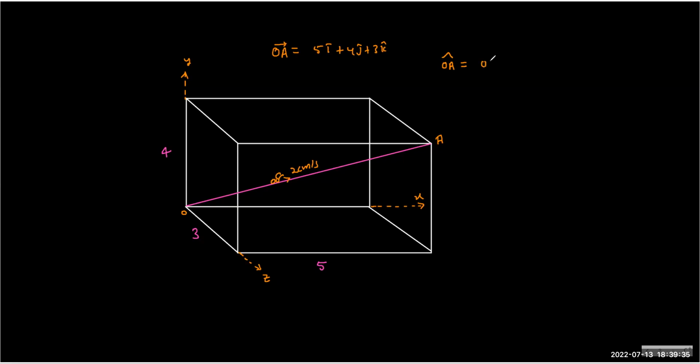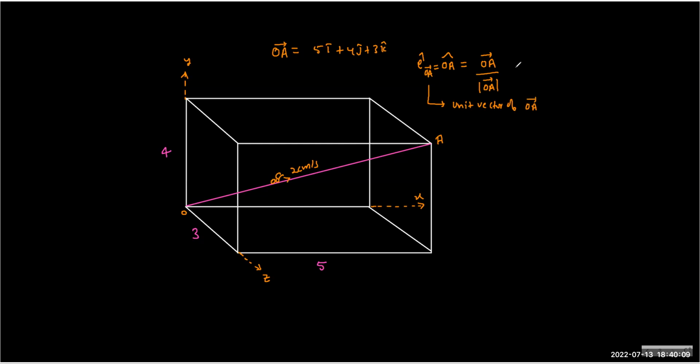What is the method? Take the vector and divide by its own magnitude. You will get a unit vector, and that's the notation. The better notation is e cap of OA vector, which means the unit vector of vector OA.